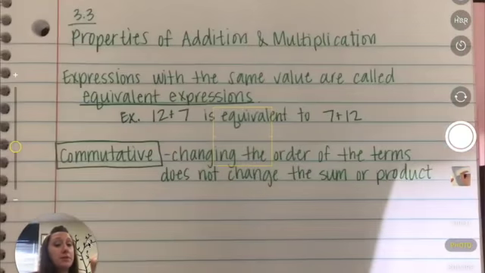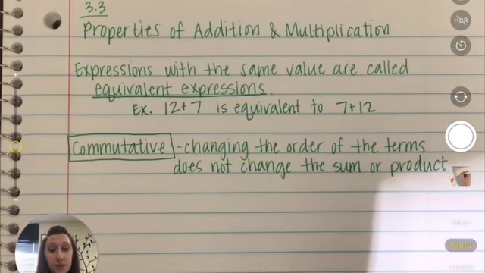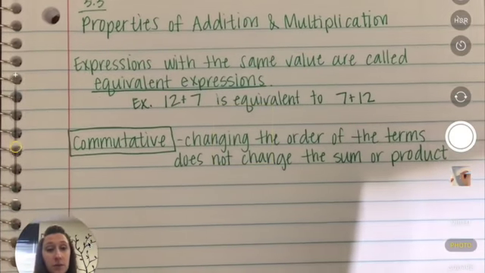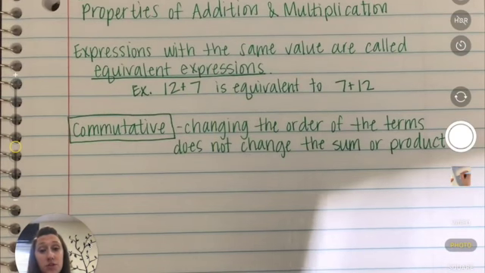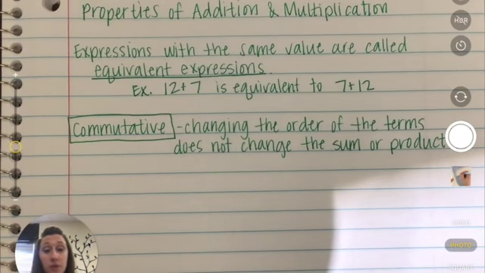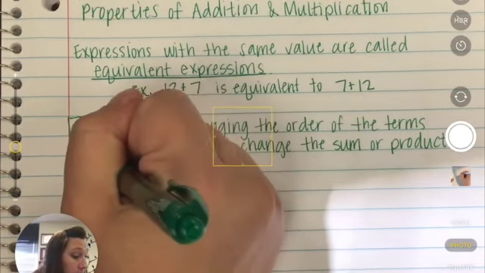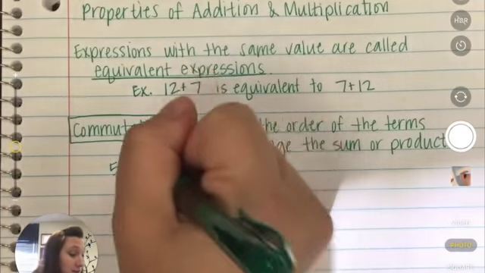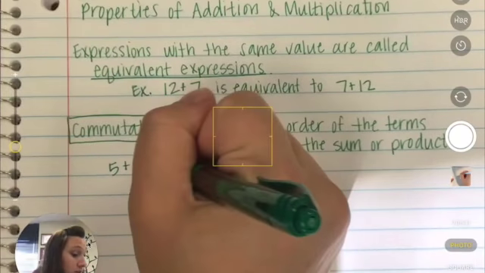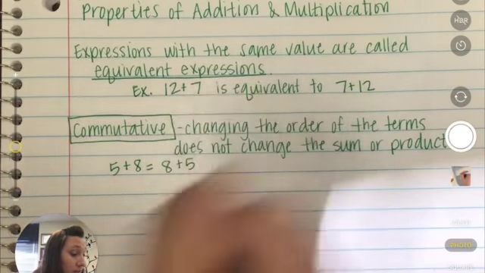Oops, sorry about that. All right, so you get a little bit better view there. Okay, so we're going to write down some examples with just the numbers and then some that are algebraic. Okay, so for example, the commutative property of addition. 5 plus 8 is the same or is equivalent to 8 plus 5.